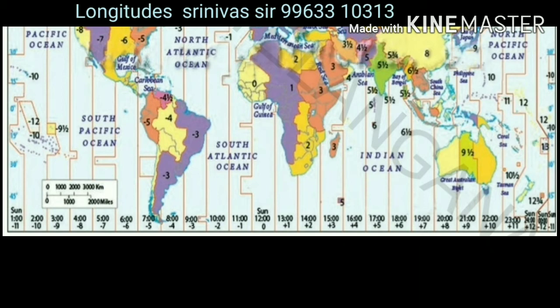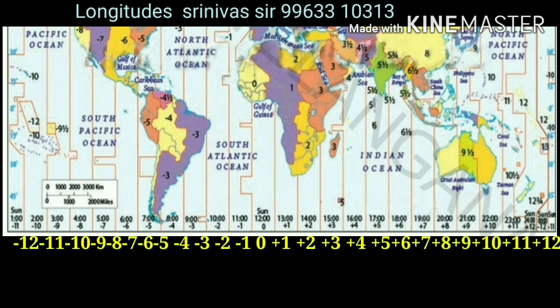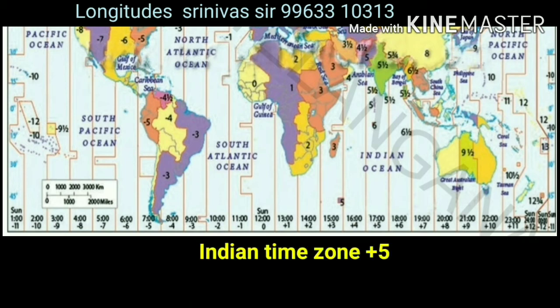As we go westward from the Greenwich meridian, the time zones are -1, -2, -3, -4, -5 and so on. So there are 24 time zones in the world. 12 time zones are on the left side of the Greenwich meridian and 12 time zones are on the right side of the Greenwich meridian. Indian time zone is +5.